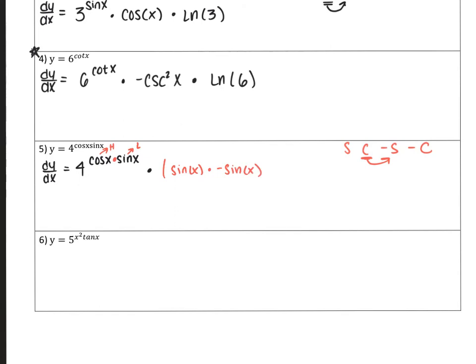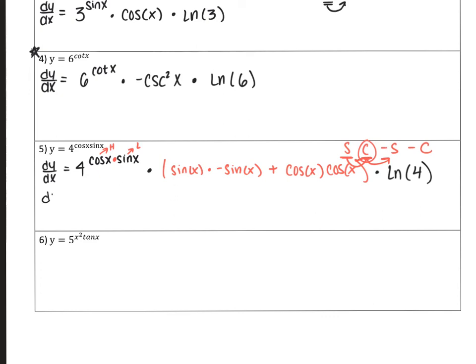So we just did low, d high, plus high, which is cos x, times d low. So my low is sine. So if I look at sine, my derivative of sine is cosine. Then don't forget it's times ln of the base. Now normally I would say you don't need to simplify this one, but you absolutely can.